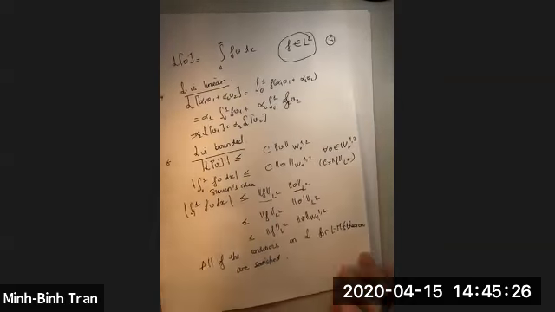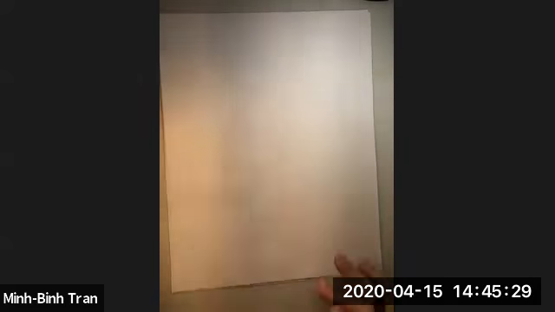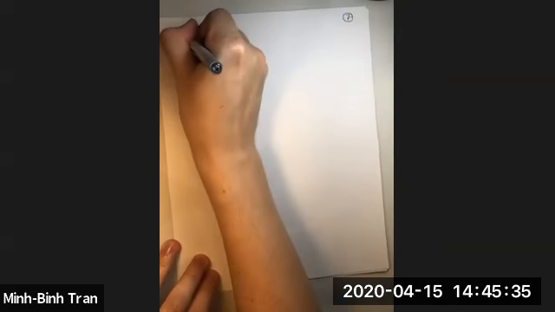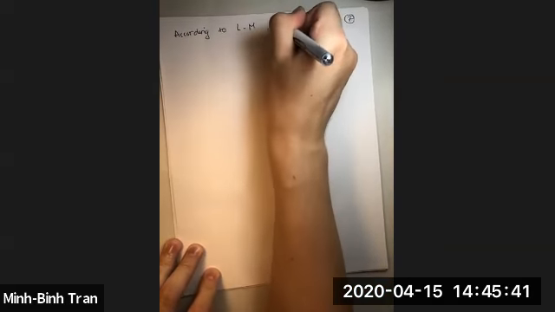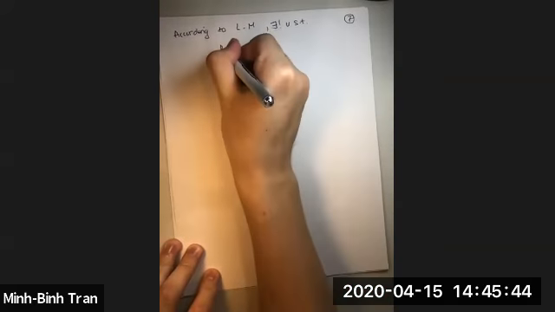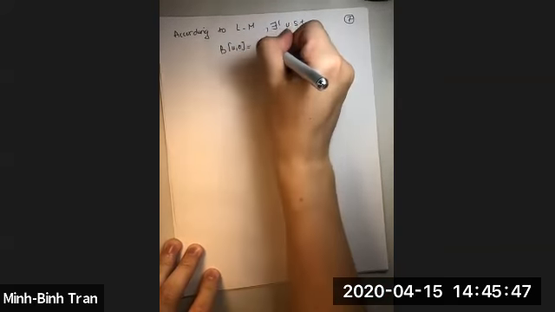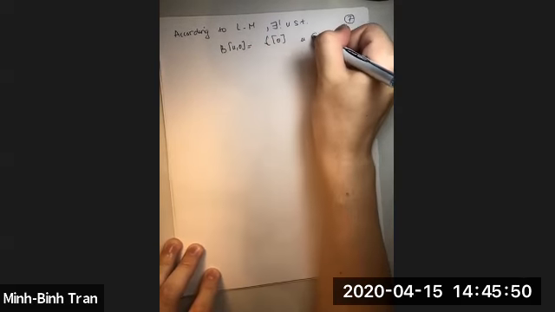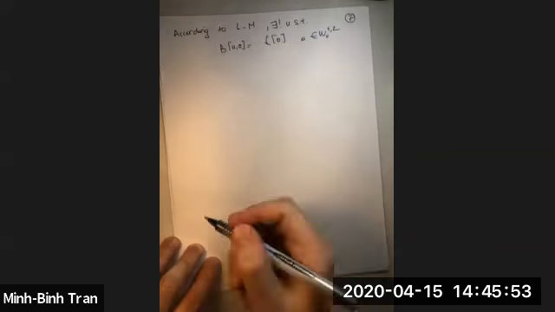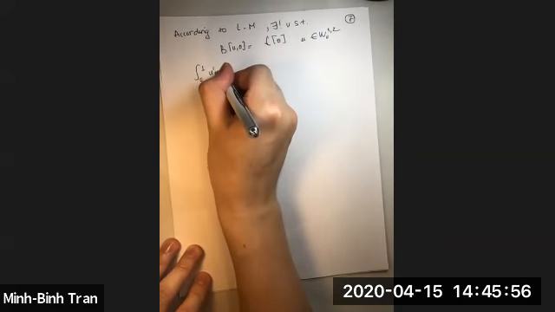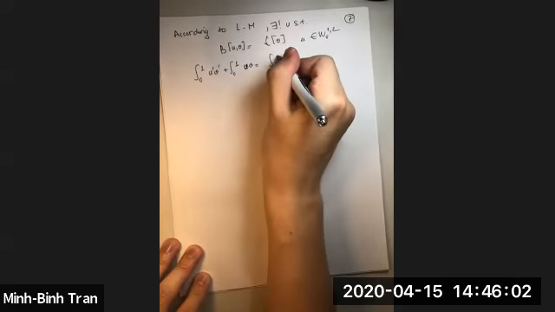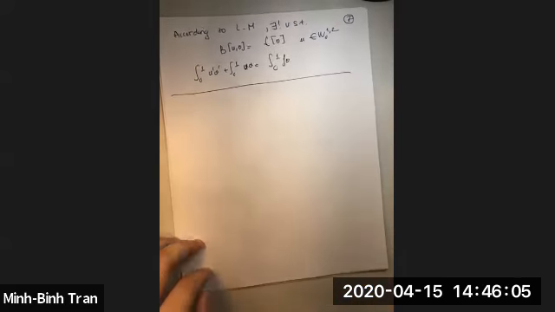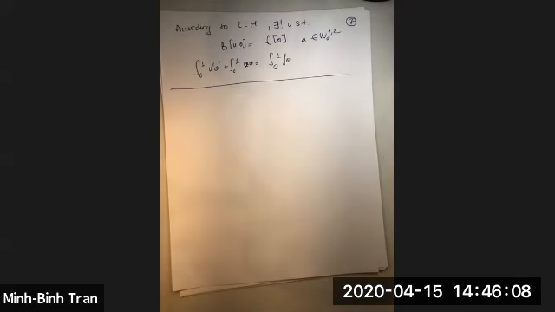So because all of the conditions on L and B are satisfied, then according to the Lax-Milgram theorem, there is a unique U such that B(U,V) is equal to L(V), and this U belongs to W012, right? Meaning that the integral from 0 to 1 of U prime V prime plus the integral from 0 to 1 of UV will be the integral from 0 to 1 of FV. Right? So this is basically the idea of the Lax-Milgram theorem.